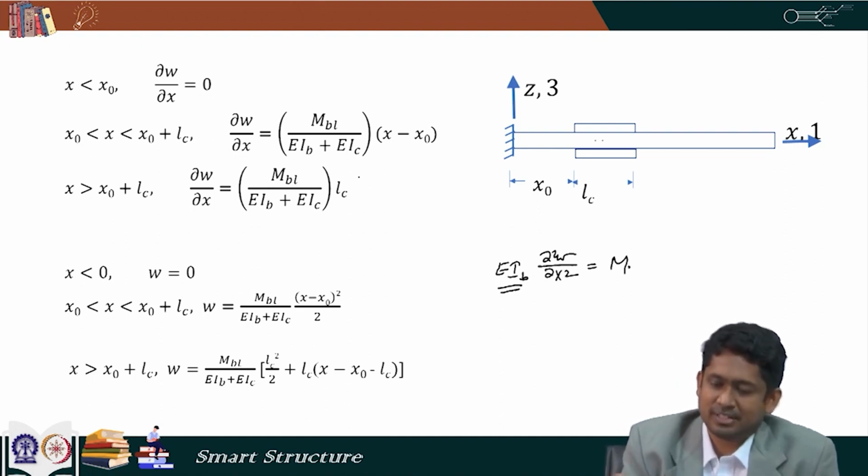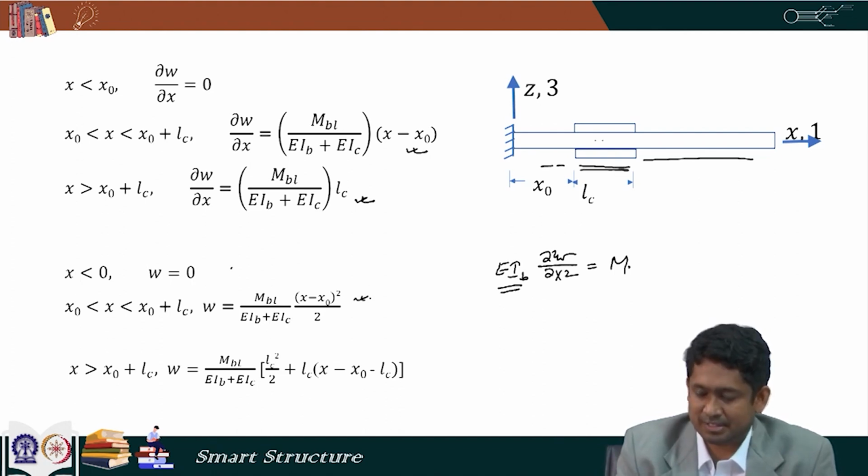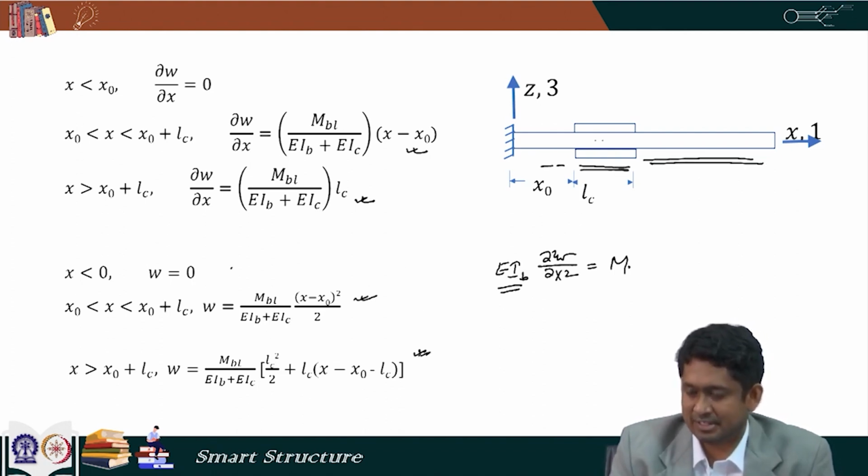After solving it, we can see that in this region the slope is 0, in this region the slope is this, and in this region the slope is this. When finding out displacement, we see that in this region displacement is 0, in this region displacement is this, and in this region displacement is this.